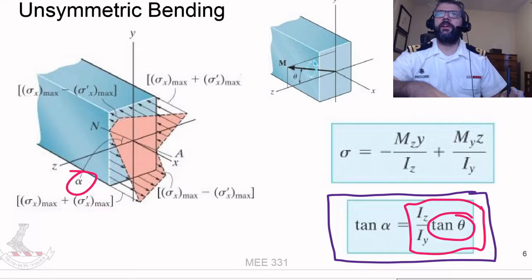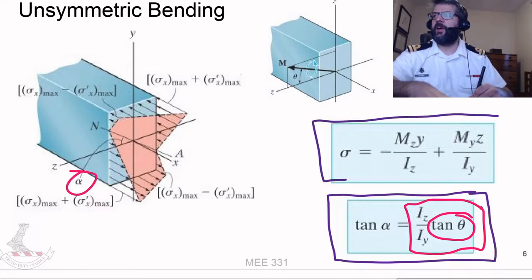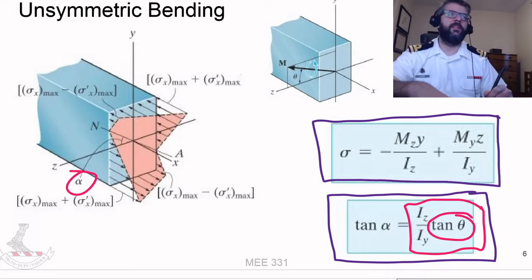And that can be found basically by taking this formula here and solving for the points where sigma is 0.